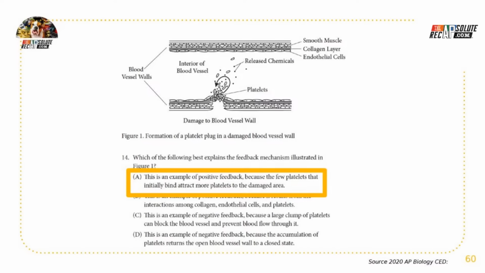So the curved arrow here is an intentional process. We have to remember that negative feedback is the intentional process of returning to set point, returning to normal. If it impedes the blood flow, that's not going to be a homeostasis condition. That is why C is not correct.